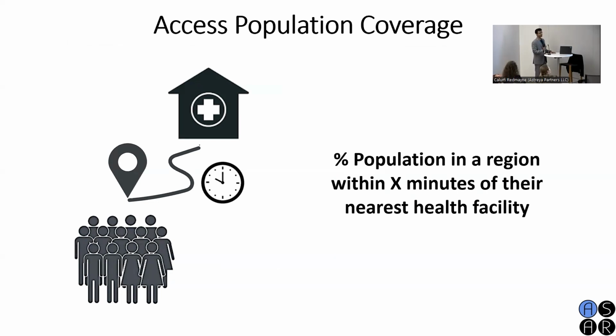The biggest utility of this definition is that an indicator of this sort is comparable across regions and across time periods. And you can flexibly adjust whatever time threshold you want to look at. So X minutes can be 2 hours, that's 120 minutes, which is what people who work in surgical and emergency care look at. It can also be 30 minutes, depending on whether you're interested in primary care.